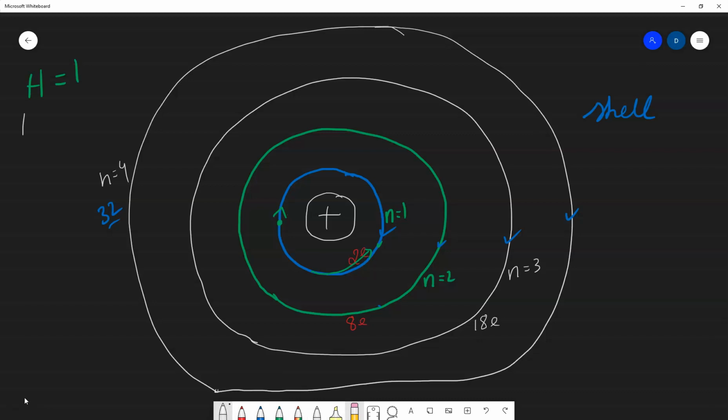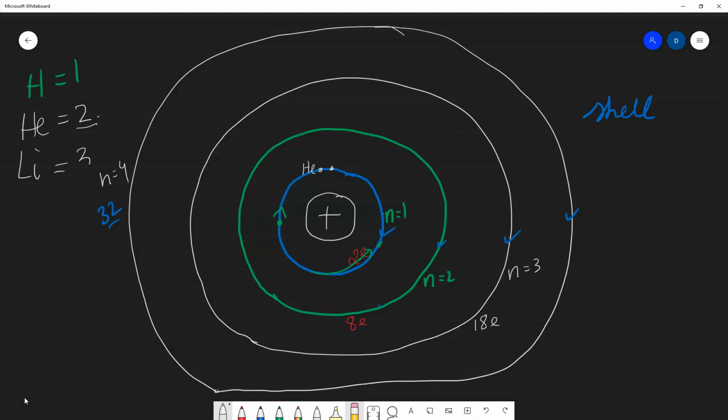So take helium. Helium has got 2 electrons. The electrons will start filling from the innermost circle. Now you know that in the very first shell, there can be a maximum of 2 electrons. So both the helium electrons will be here. Now take lithium.